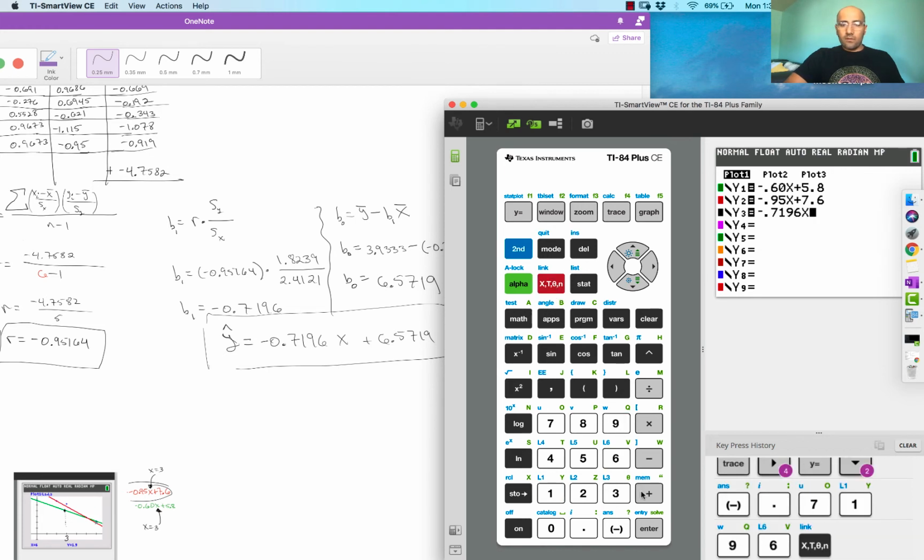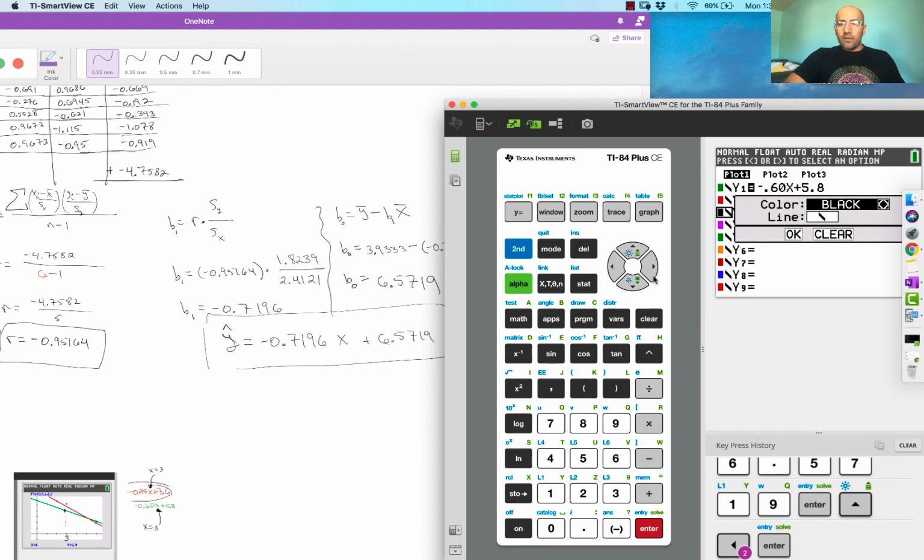X plus 6.5719. Enter. Okay, and now let's graph all three. Oh, actually, let me change the color. Enter. And what do we want? Magenta, green, orange. Let's go with orange. Enter, enter, enter.